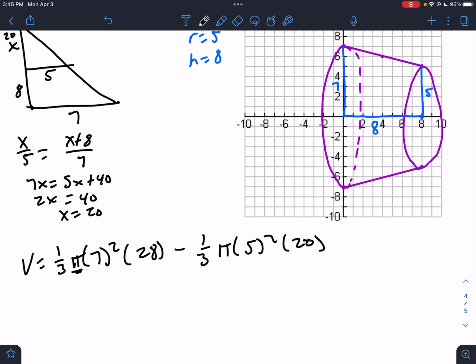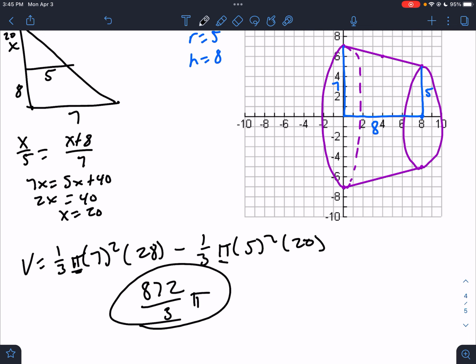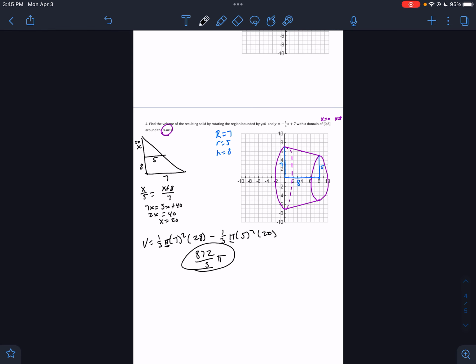Again, irrational numbers, I wouldn't type them in, but if I type in the coefficient, I get 1/3 times 7 squared times 28 minus 1/3 times 5 squared times 20. Oops, I hit the wrong button. So that comes out to 872 over 3. Don't forget your pi. Okay, that was another frustum. Nice.